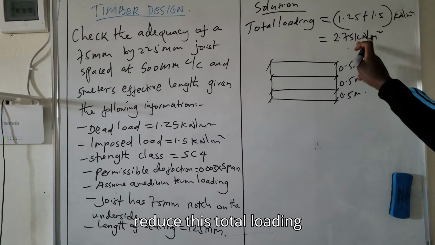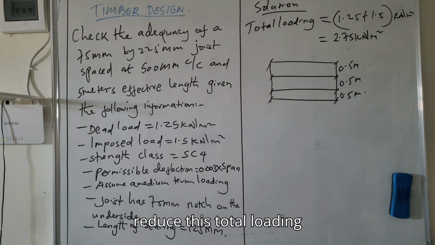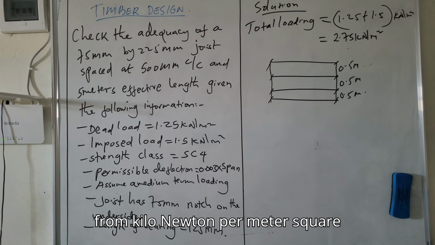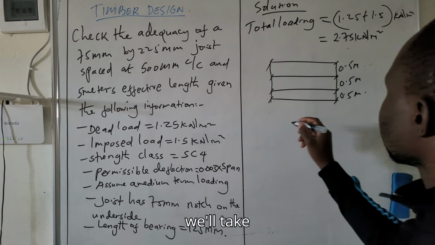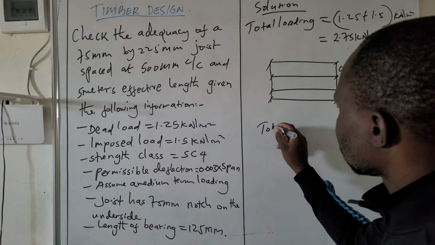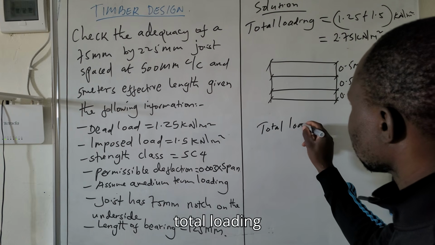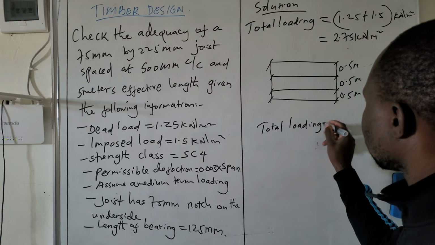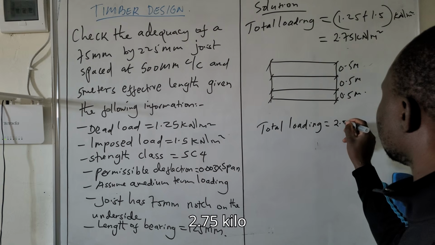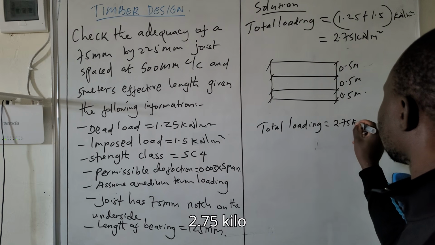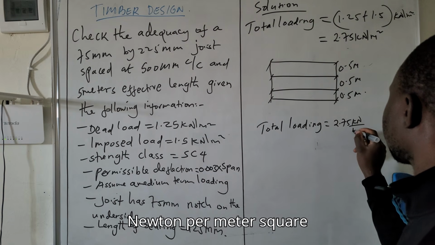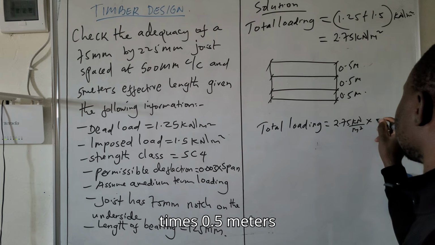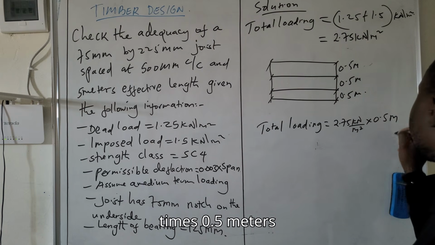And then to reduce this total loading from kilonewton per meter square, we'll take total loading is equal to 2.75 kilonewton per meter square times 0.5 meters.